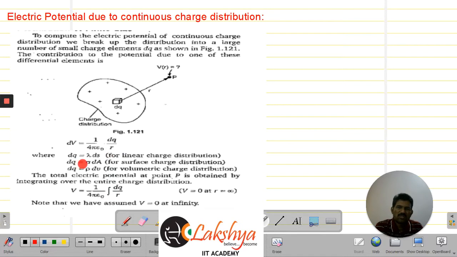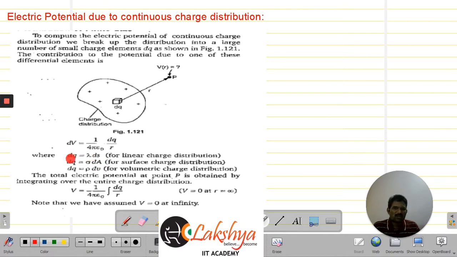If the object is two-dimensional, like a plane or disk surface, then we write dq as sigma into dA, where sigma is the surface charge density, that means charge per unit area, and dA is the area of the small element. If the object is three-dimensional, like a volume distribution of a sphere, then dq is rho into dV, where rho is charge per unit volume and dV is the volume of the element.